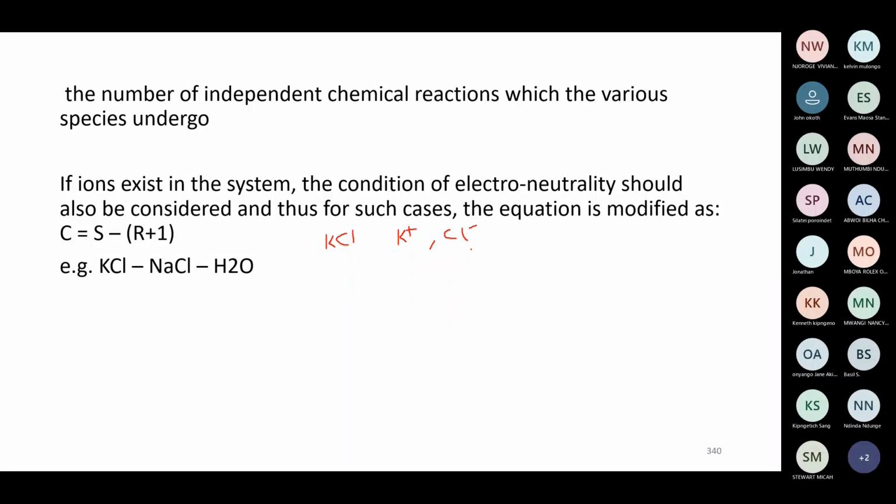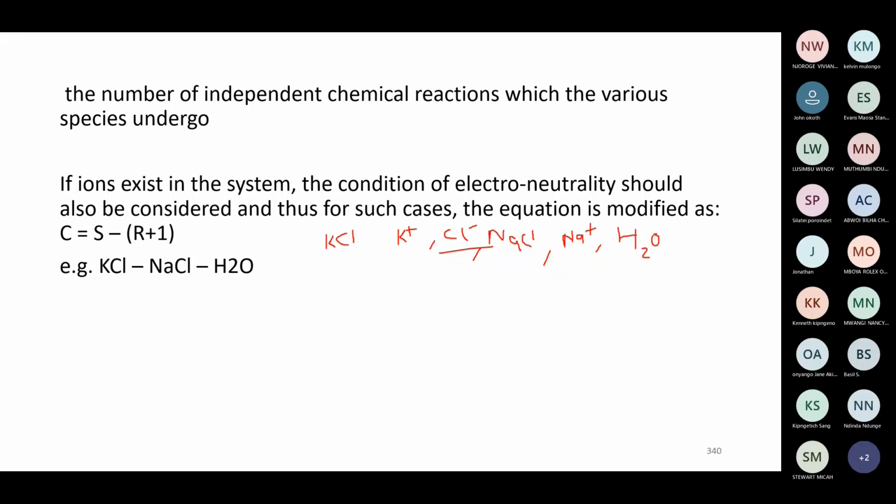The sodium chloride, that is. We have sodium chloride, which again forms sodium ions and chloride ions. And then eventually we have water.